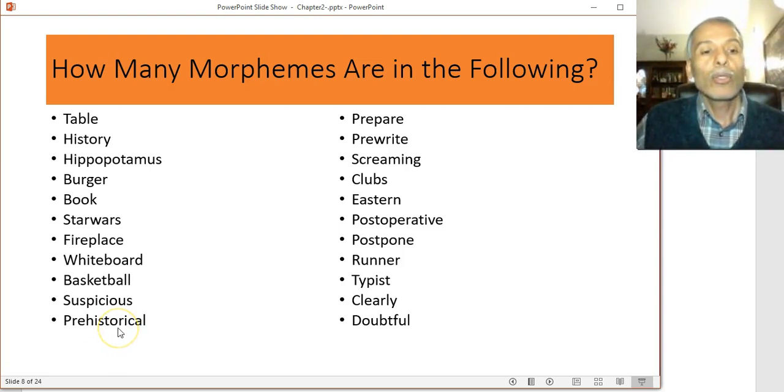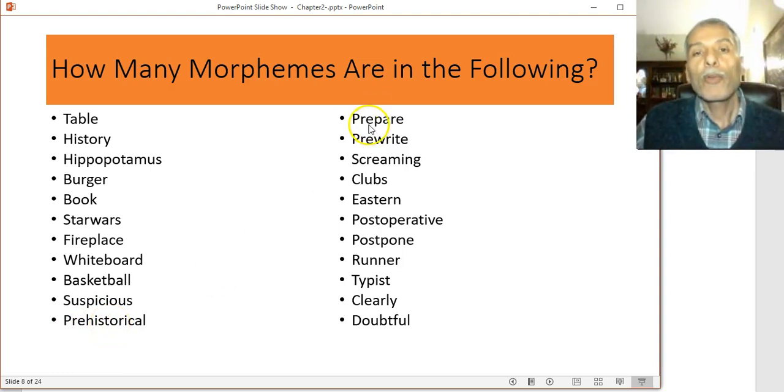And then historic, that's another morpheme. And then al is another morpheme. So 1, 2, and then 3 and 4. Prehistorical, that is 4 morphemes.